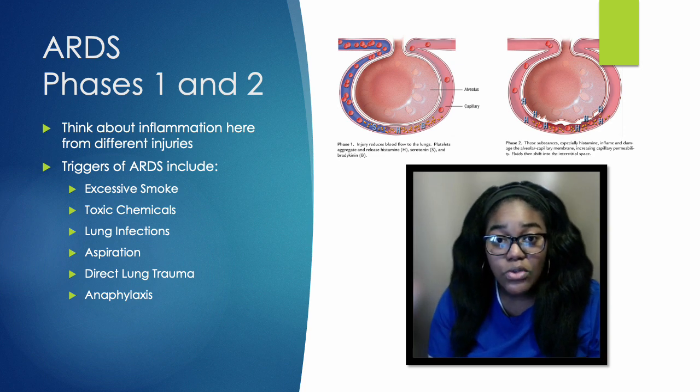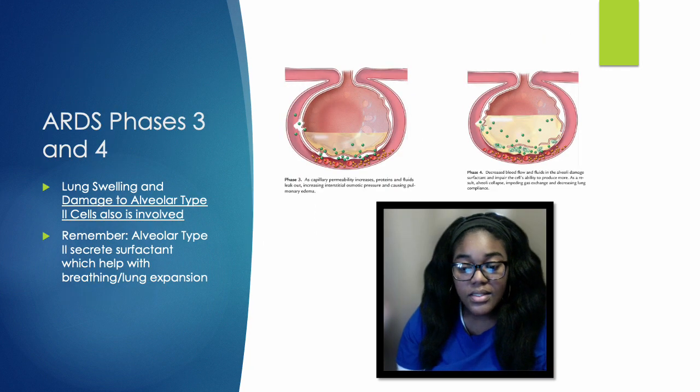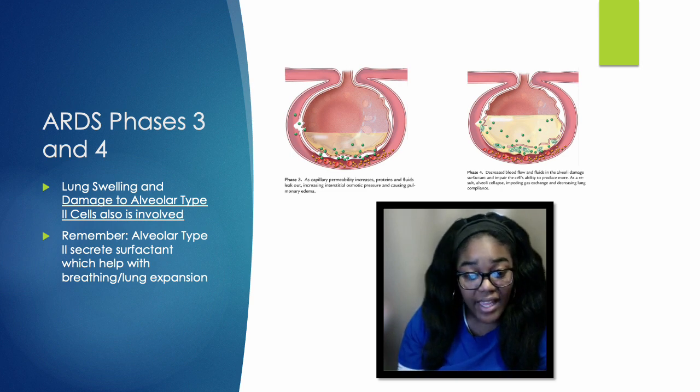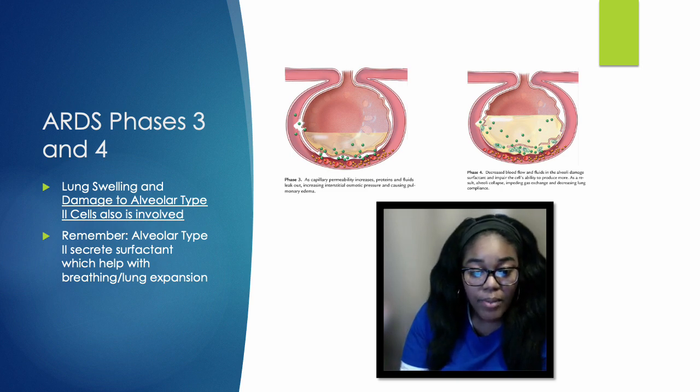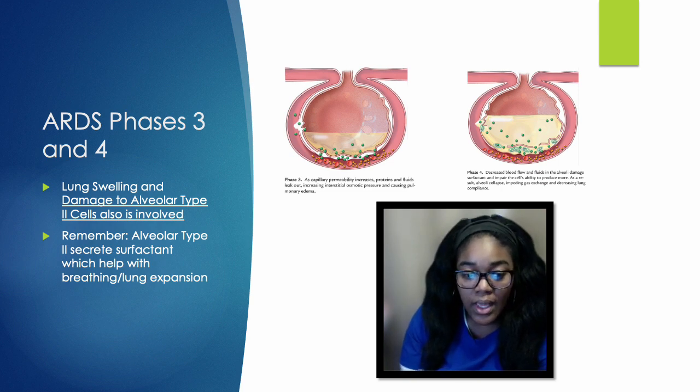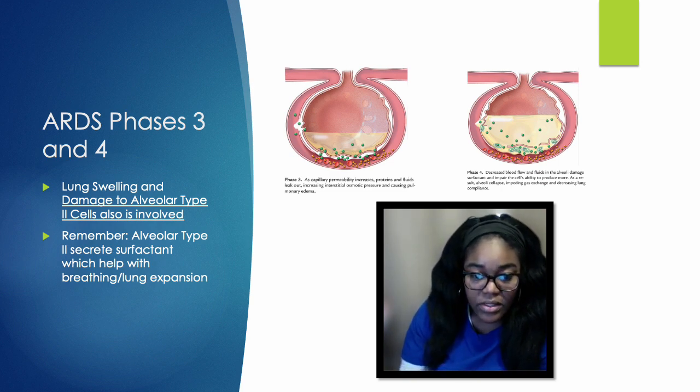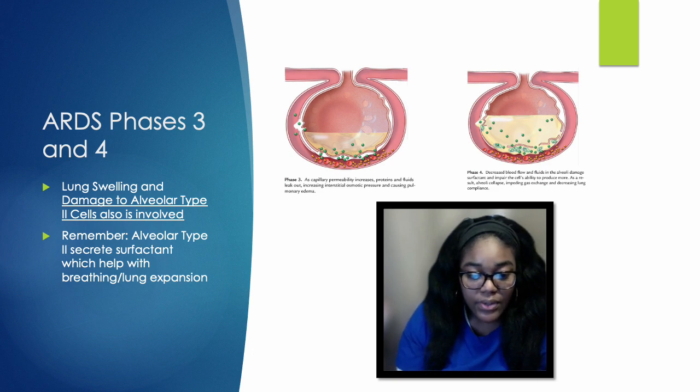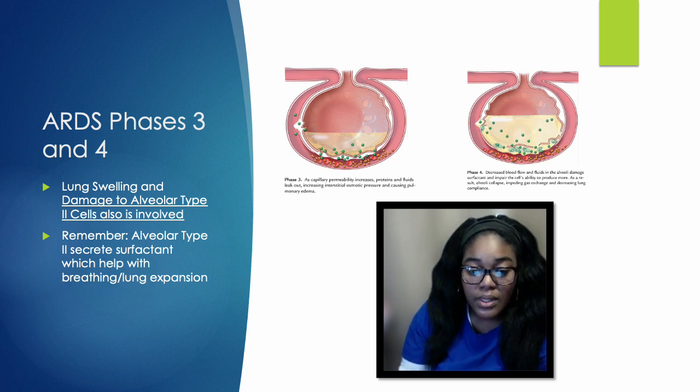So let's move to phase 3. As we move into phase 3, the permeability is continuing to increase, and all this fluid is getting into this alveolar area. So there are proteins, fluids, things that cause osmotic pressure to increase, which ultimately results in pulmonary edema.